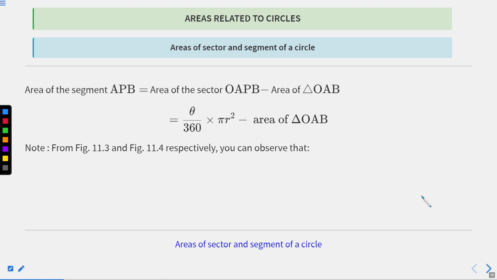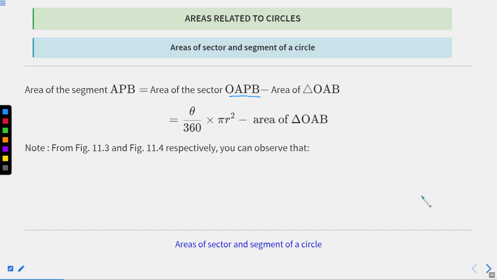Okay, and we know the area of sector OAPB. We have studied in our previous slide how we can make the formula. So the area of the sector OAPB is equal to theta divided by 360 into pi r square.